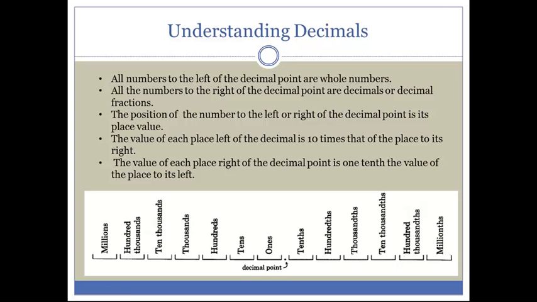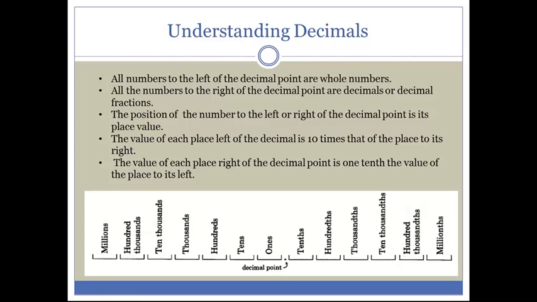Understanding decimals. All the numbers on the left of the decimal are whole numbers. Anything on the right of the decimal point are fractions. Okay? The position of the number to the left or right of the decimal is the place value. So when I say round to the 10th, I only want one number after that decimal point.